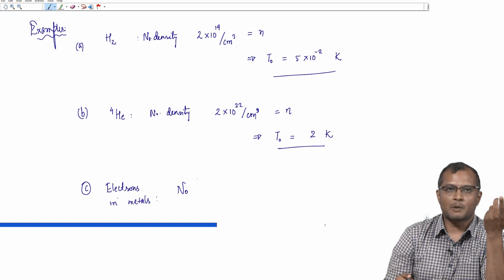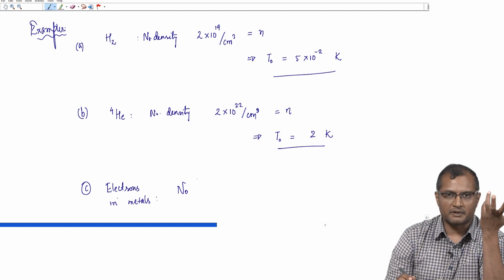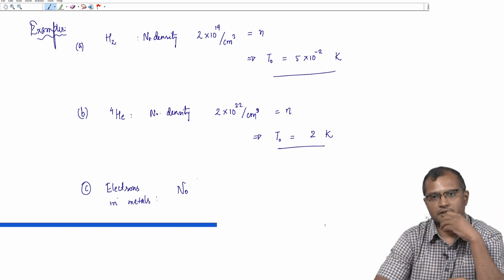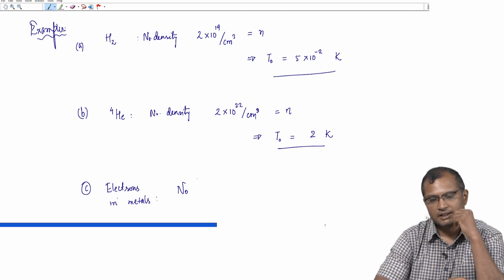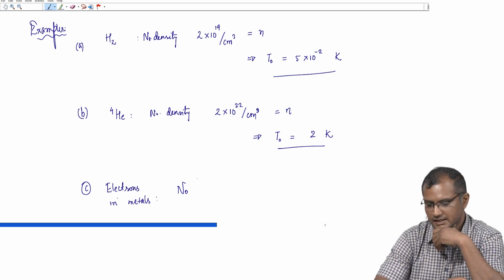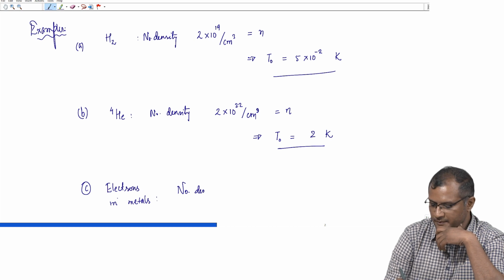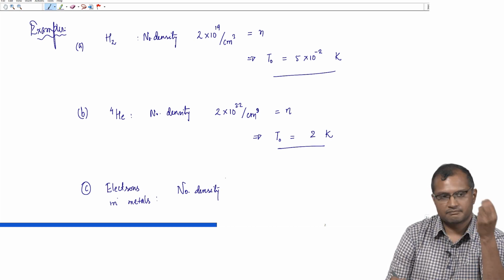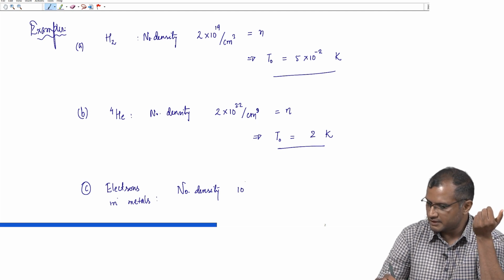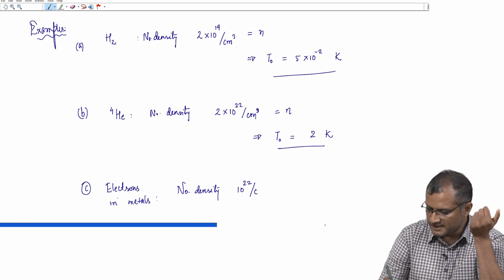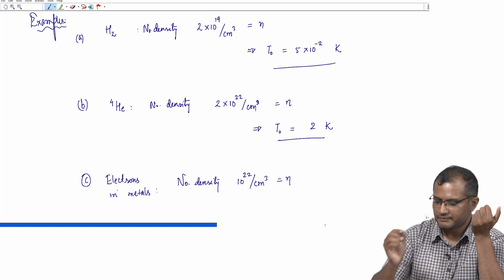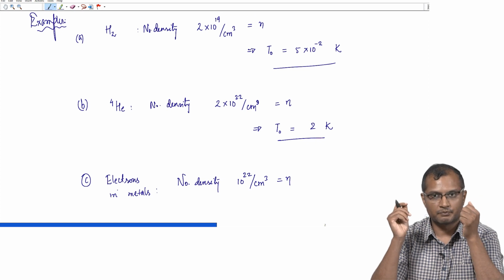Now, you take typical copper for example, which is a perfectly good example of a metal, and each copper donates one valence electron to the matrix. So, the number density of a typical copper block is of the order of 10 to the power 22 per centimeter cube, that is per meter cube.